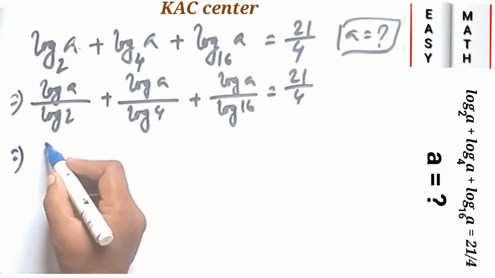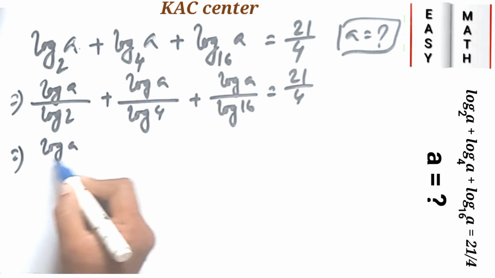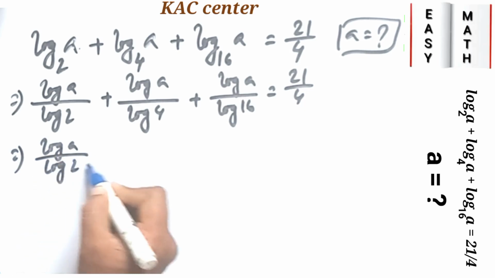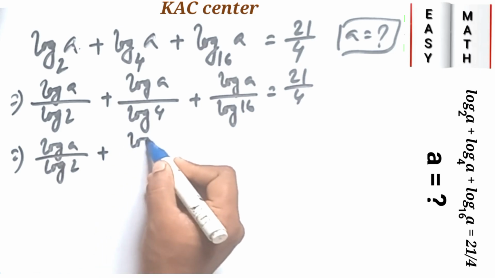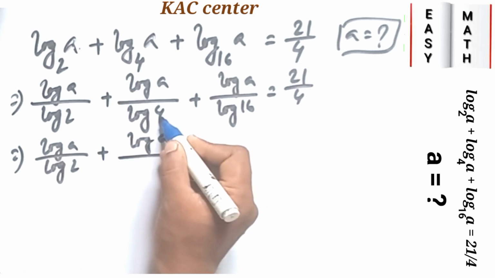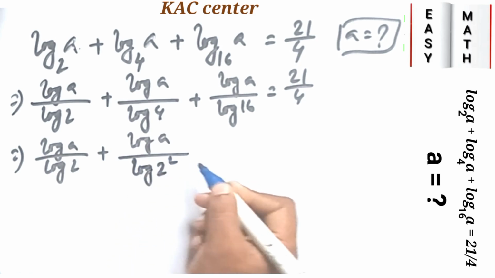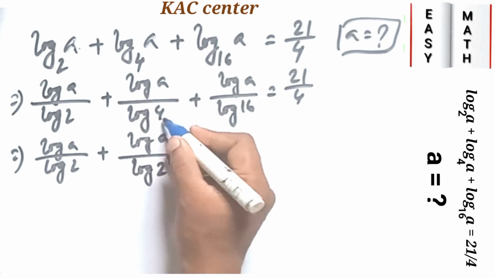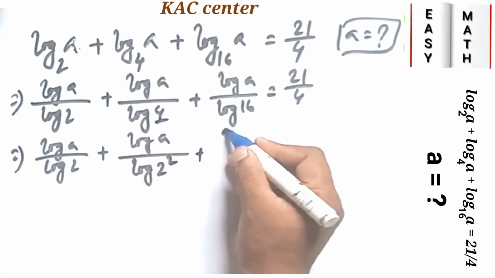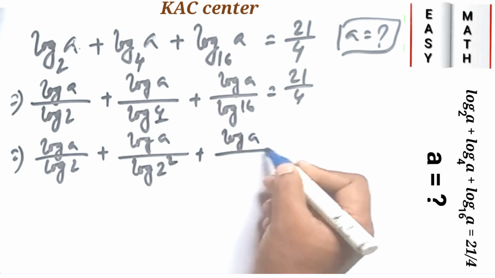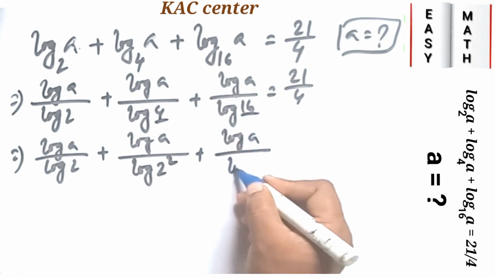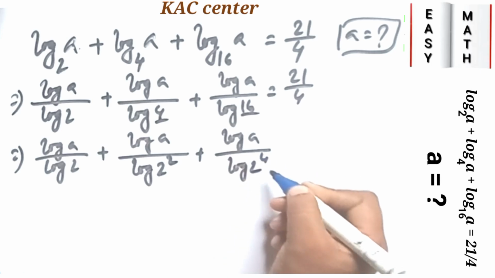Now this is log a over log 2, and this is log a over log 4. So we can write log 2 squared, since 2 squared is 4, and similarly this is log a over log 16. 16 is 2 to the 4.